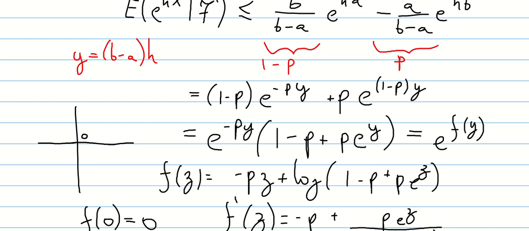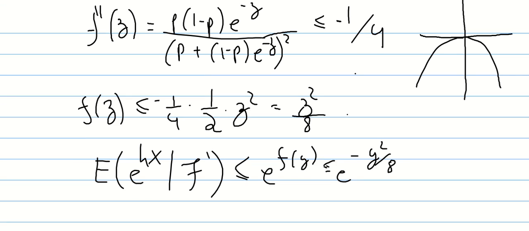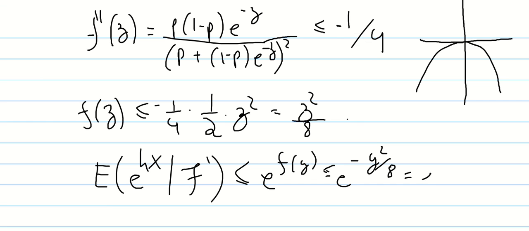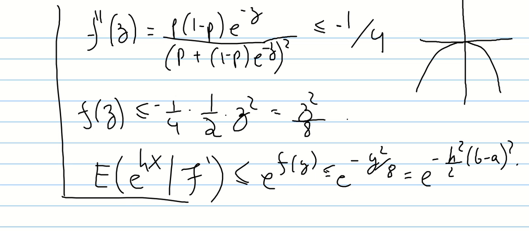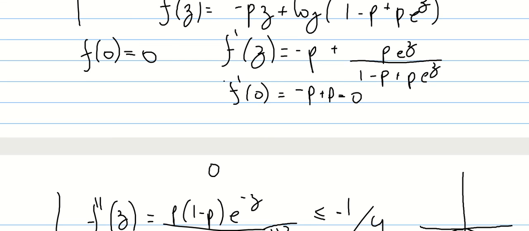Y was b minus a over b minus a times h. So this is e to the minus h squared over 2 times b minus a squared, as we wanted. So this is the proof of this technical lemma.